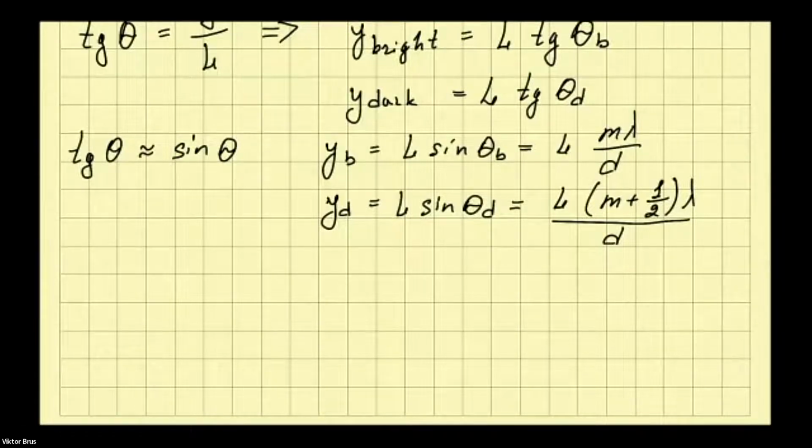However, light intensity distribution is not sharp. So it goes to maximum in the middle, and then it starts to decrease.